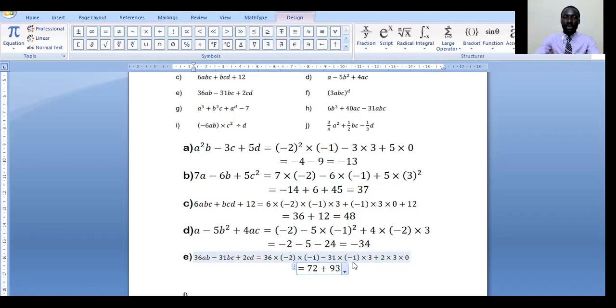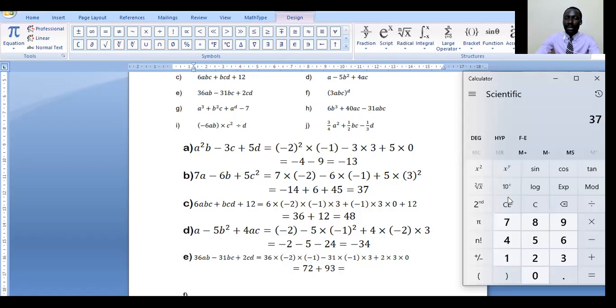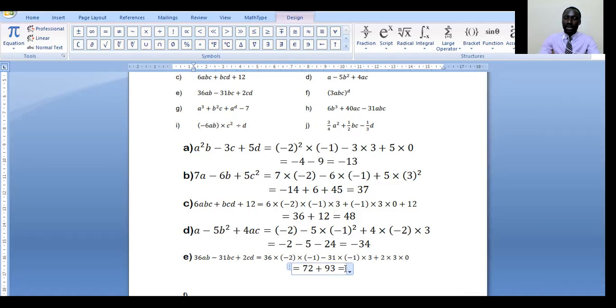Then the next is 2 times 3 times 0, which gives 0. So we just add these 2 to simplify. So what's the value of 72 added to 93? It's better we use a calculator for that. This is plus 93, giving us 165, yes. So this gives us 165.